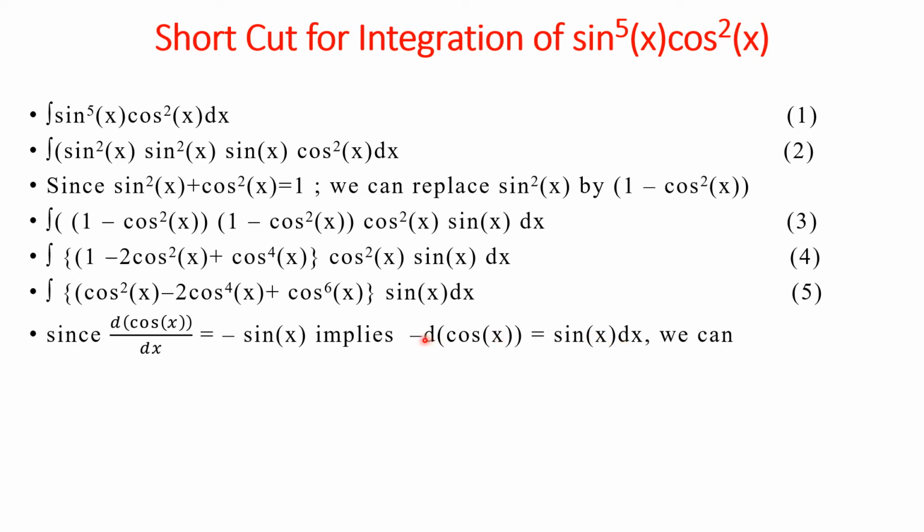Since negative d of cosine x equals sine x dx, we can replace sine x dx by negative d cosine x. So we're just going to remove this and replace it with negative d cosine x. We take the negative outside over here, and that's what we're going to get.